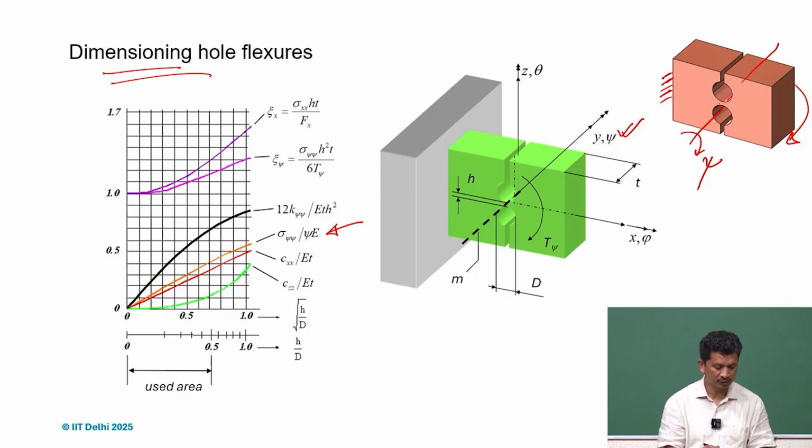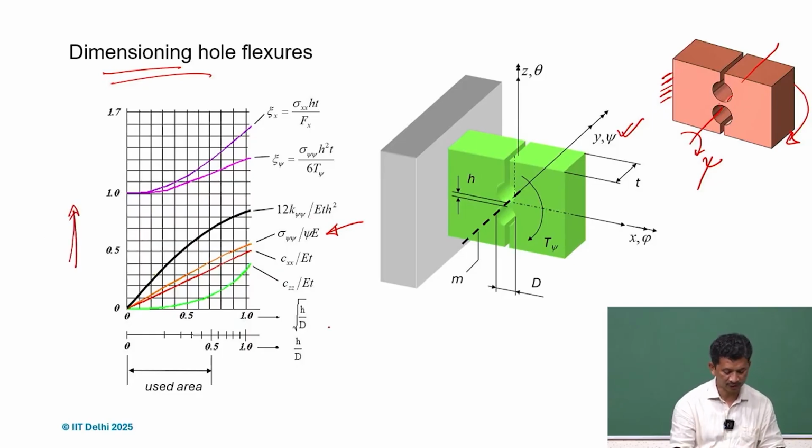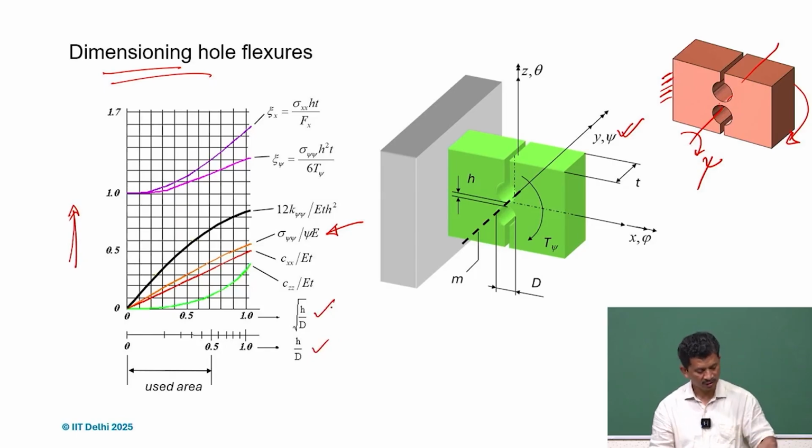What is the range of motion? This is a non-dimensional graph, where all the parameters are plotted with respect to non-dimensional parameters. Along the y axis you have different parameters, and along the x axis we have h by d, or under root h by d, but h by d is not linear.